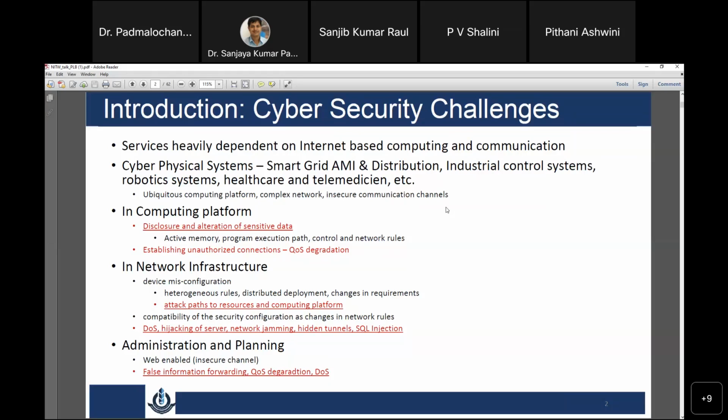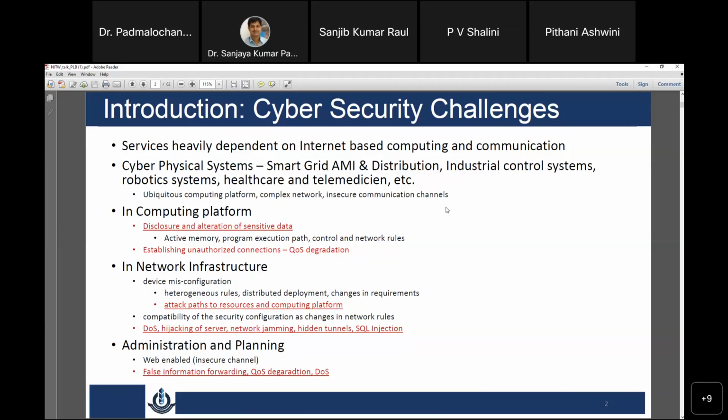In general, if we see the security posture in cyber physical systems or in our daily use services, we divide it into three different domains. One is computing platforms.